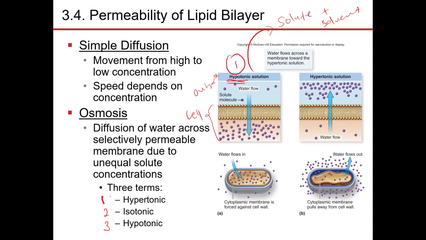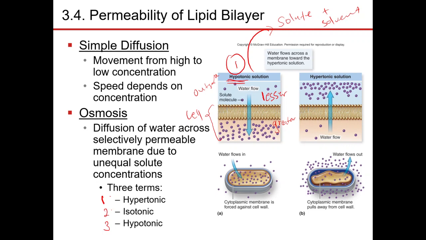Now, if you place a cell in a hypotonic solution, it means that the amount of dissolved substances outside the cell is lesser than the amount of dissolved substances inside the cell. So here it's greater. Now we have to look at the purple circles. The purple circles are the dissolved substances.